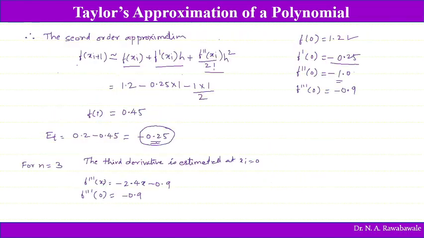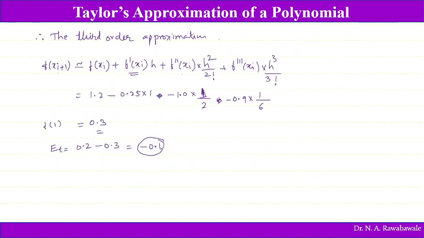So now this error has reduced significantly, we can see it is minus 0.1. So this is at third order approximation. As we take higher order, this error will get reduced. In zeroth order error was larger, in first order error was less, then gradually error has reduced.